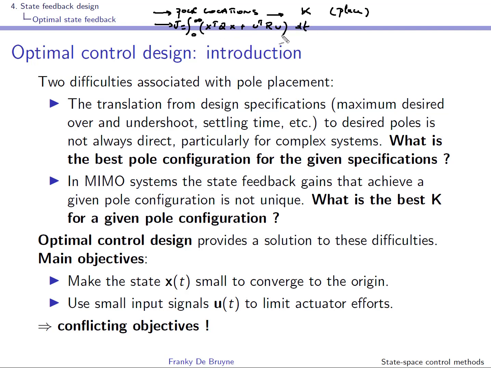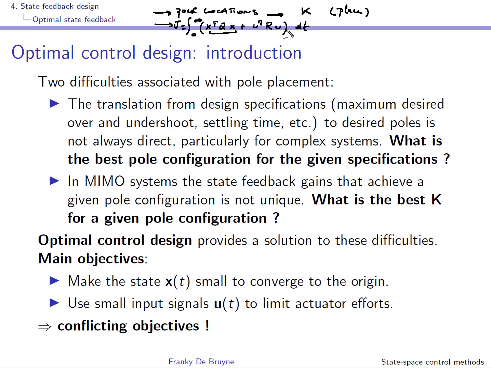This is really optimal control design, and there are two main objectives. Make sure, and this is the role of this term, that x of t is small and converges to the origin as fast as possible.